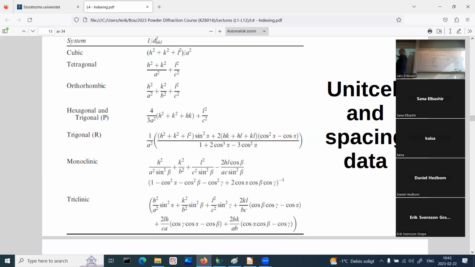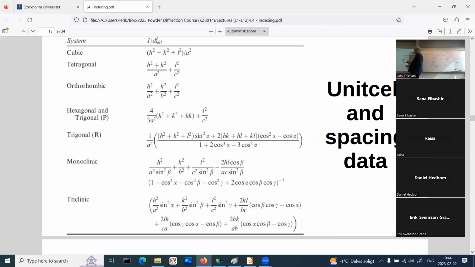And here you can see we have the real space parameters A, B, C, and beta, gamma, and alpha. All of them are contributing values.